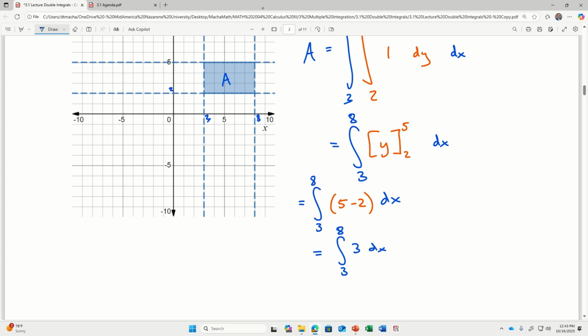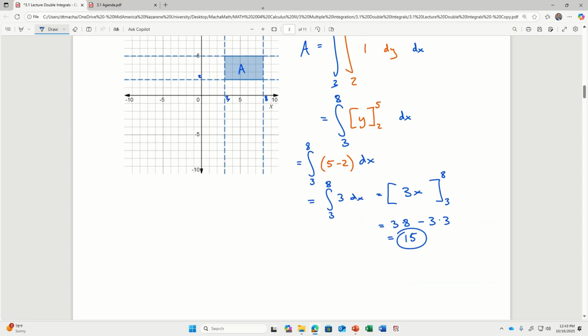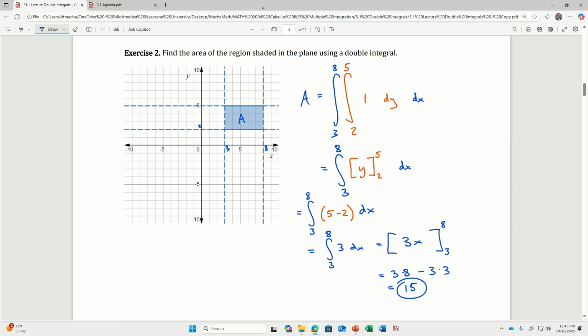What's the antiderivative of 3? 3x. And so that's going to be 3 times 8 minus 3 times 3. Which finally gets us our answer that the area was 15.